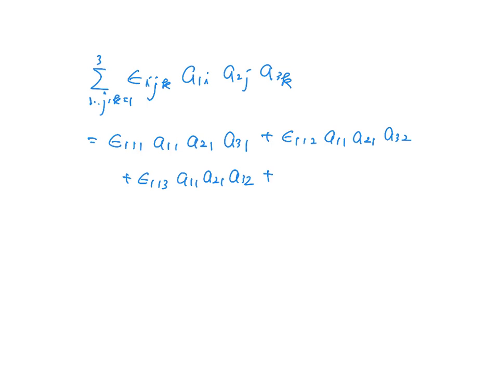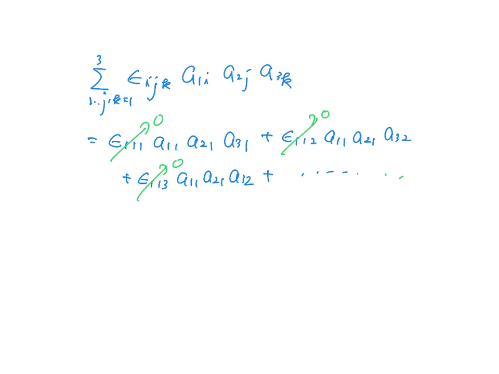But actually we don't have to, because when i and j are the same, it's all 0, right? So I don't have to write down 27 terms. I just put it there, but this will all be 0. So let's do it more wisely. When i is 1, j has to be either 2 or 3.